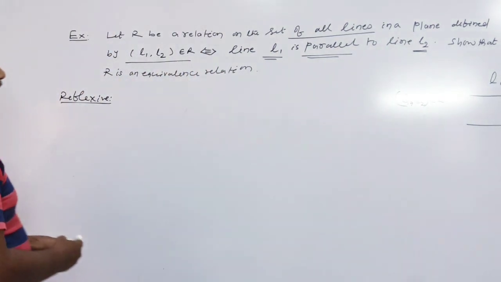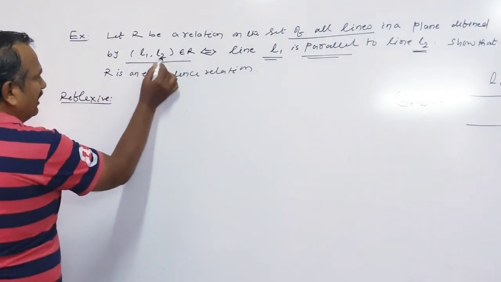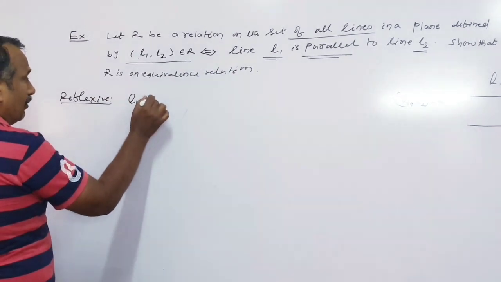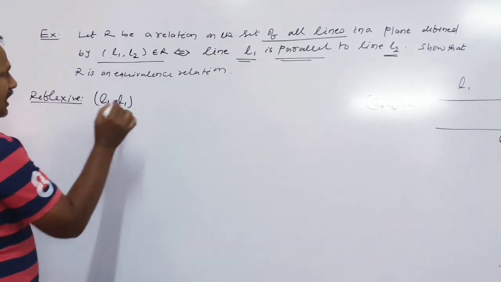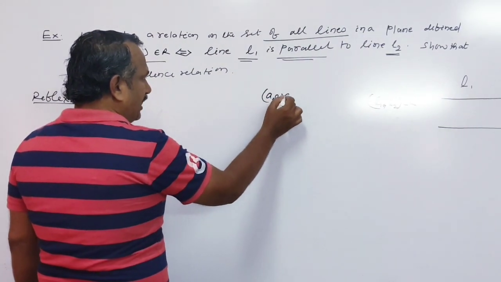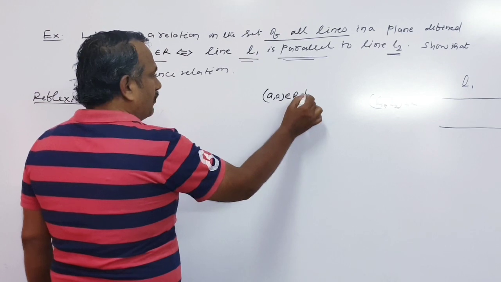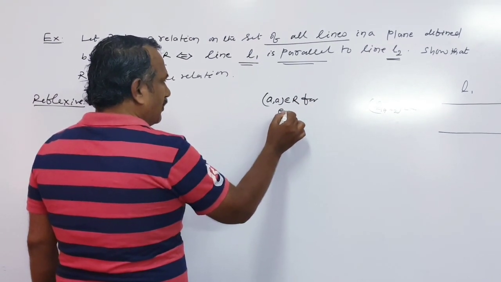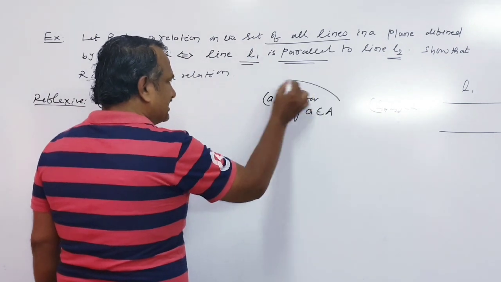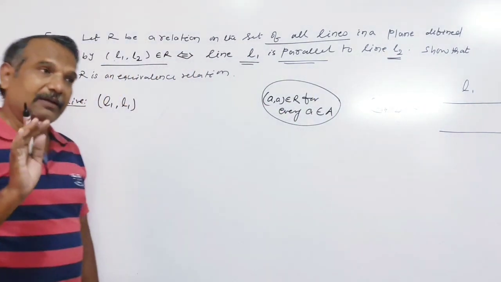Now here, given L1, L2. Reflexive means (L1, L1), because we know that (A, A) belongs to R for every A that is an element of set A. This is the definition of reflexive.